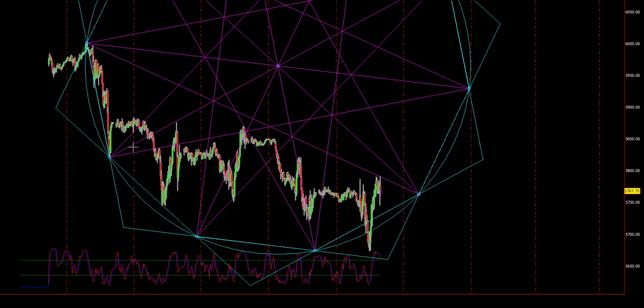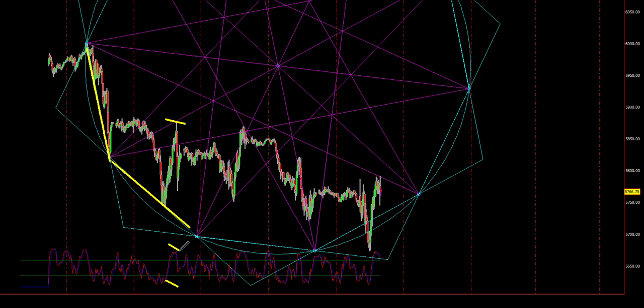When I see a structure has been broken, like this structure, where is it going? This is the angular support right there. Look at the oscillator. Goes to 45.